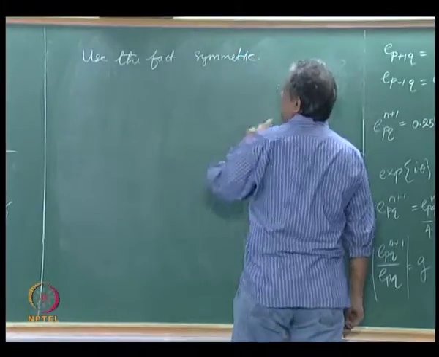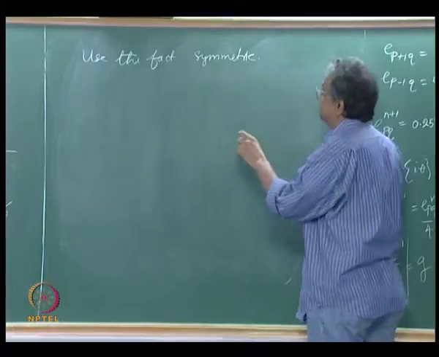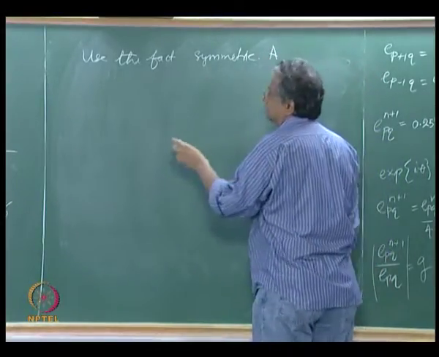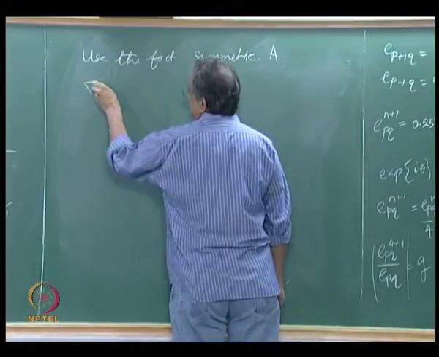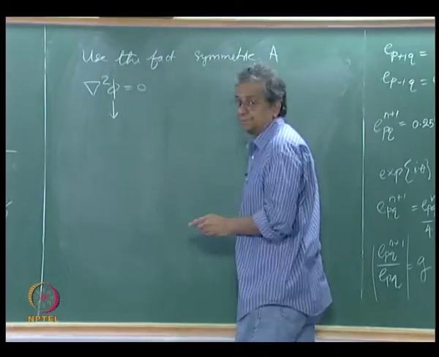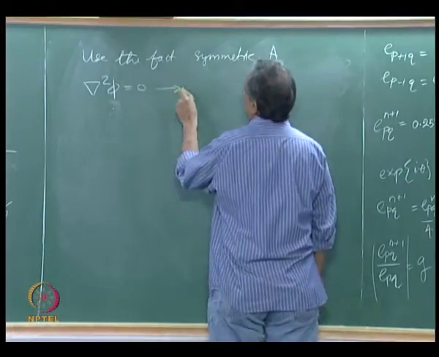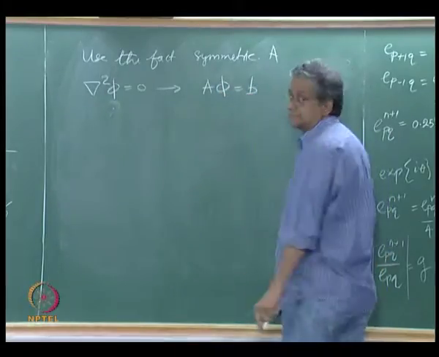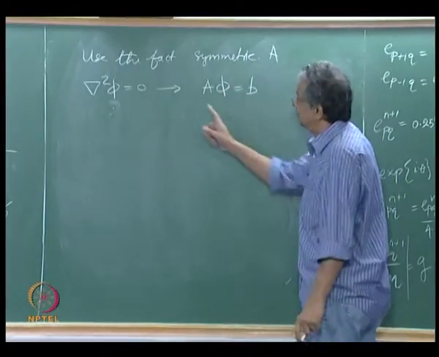You remember when I say A, what I am talking about, A is symmetric. This equation could be transformed to a discrete version, which was A phi equals B. Okay, this is what I meant.